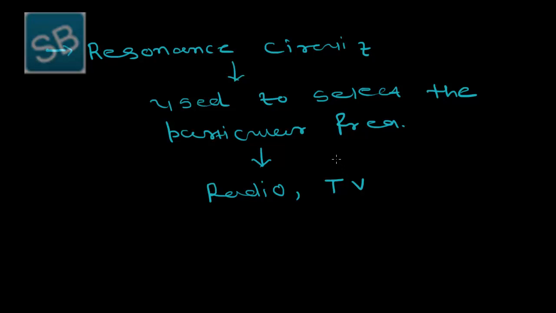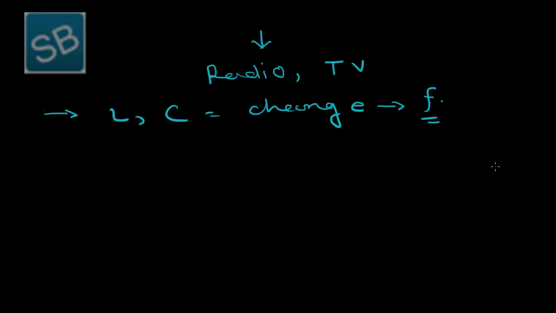In order to change the particular frequency, an arrangement is given to change the condition of L or C. So any change made in L or C will result in a change of frequency, and hence we can tune to another frequency range.